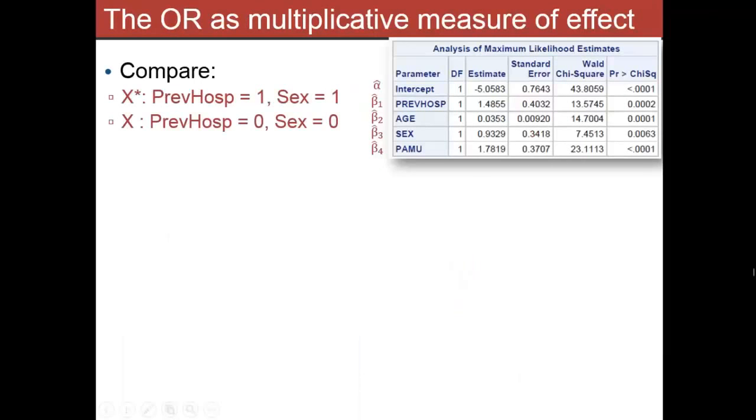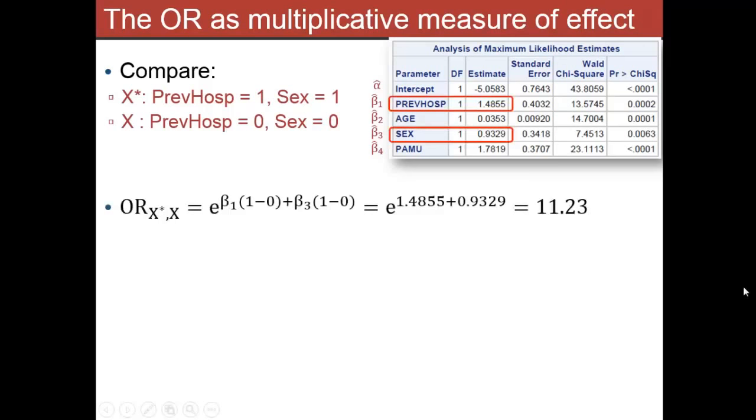Oh, here it is. Look at that. I just said that. So here's a situation where we have previously hospitalized and sex 1 versus not hospitalized and sex 0, so male to female. I know the slides, they were just somewhere in the back of my head and I got ahead of myself.